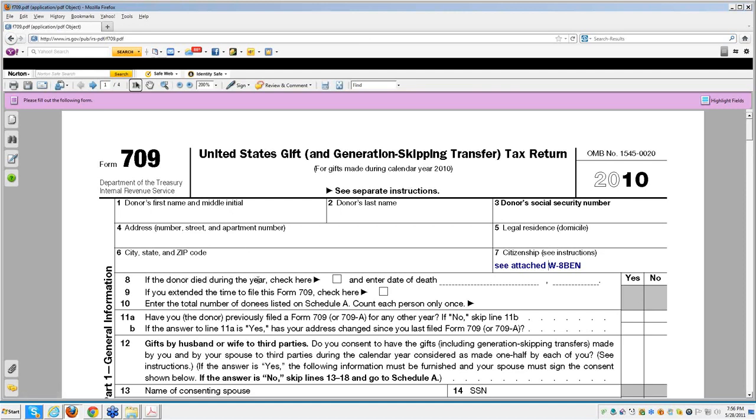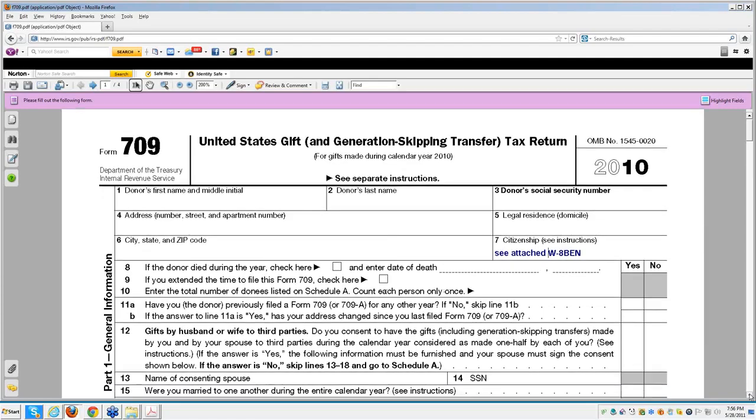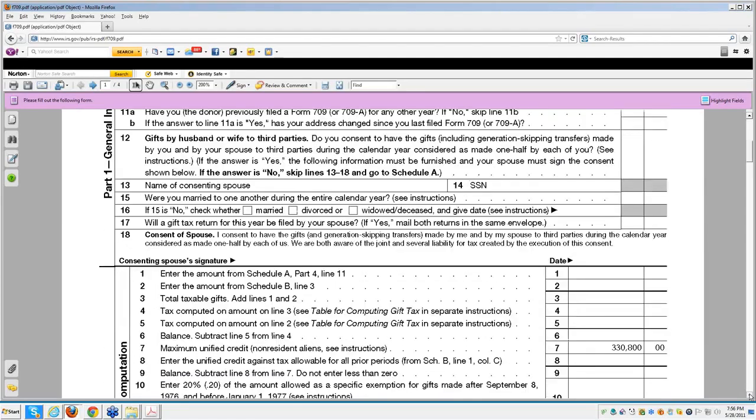If the donor died during the year, check here and enter the date of the death. They didn't die. Enter the total number of donees listed on Schedule A. Count only the donees, who are the servicing company.